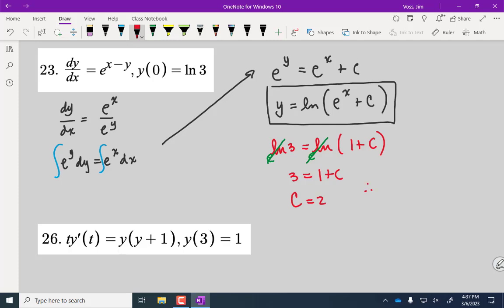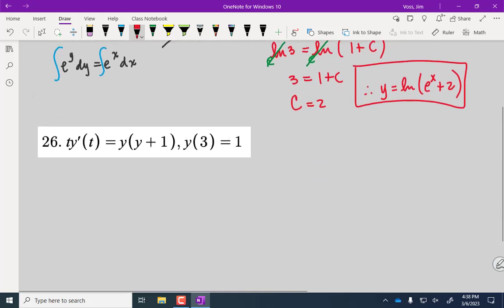And therefore, the particular solution for the initial value given is that. You see where you're getting your minus sign? Because I thought e to the 0 was 0. No, that's right.